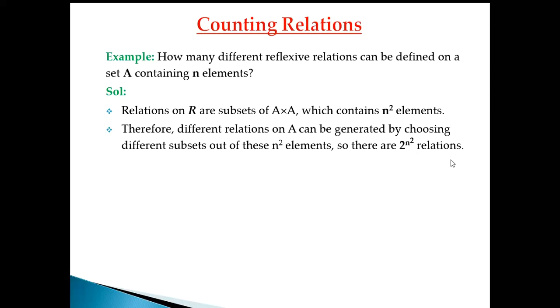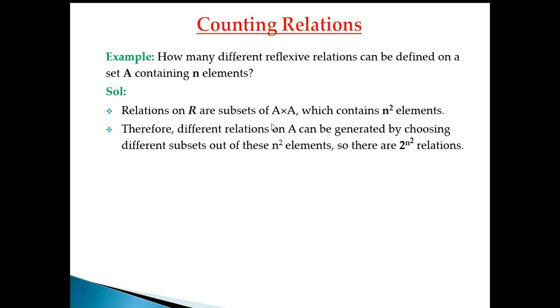Means if you have to ask how many binary relations there are in a set, the total is 2 to the power n square, if we only talk about the set A.